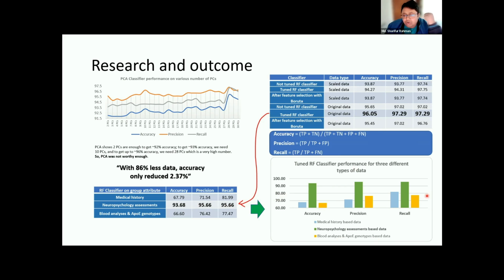So this is the representation of that table. You can see the accuracy. In terms of accuracy, with only neuropsychology assessment based data, we can get up to this much. If we take the precision as our identifier, then we also get the best result with the neuropsychological assessment data set, and also the recall rate.